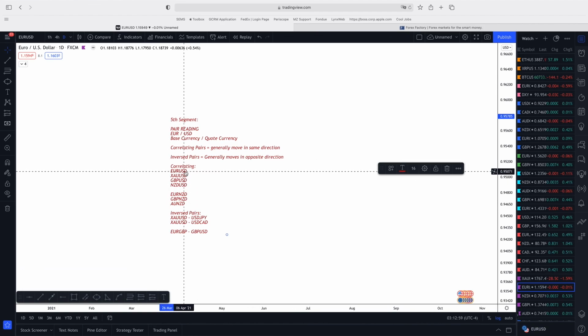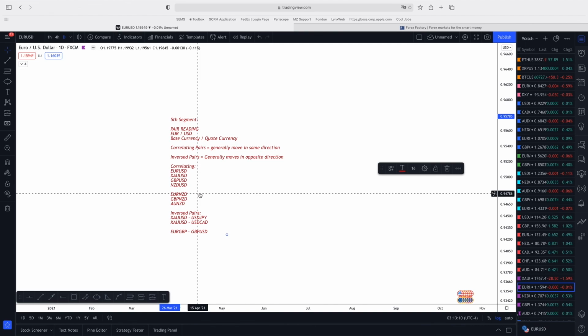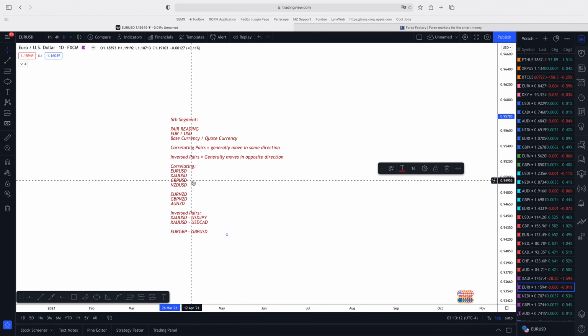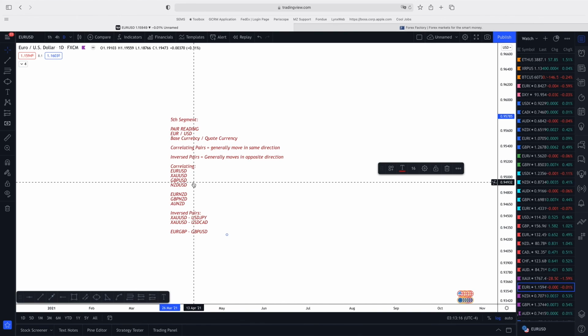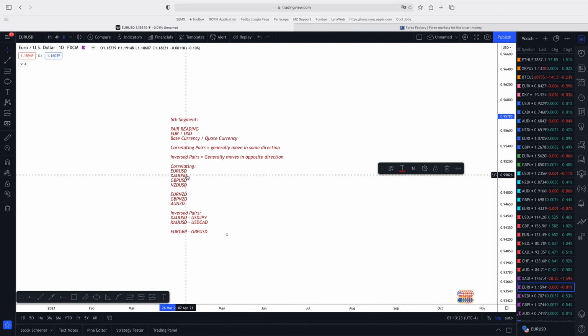If one pair is going up, then generally they should all be going up. So it's a great way to understand that these pairs are moving as a unit together at different paces, unless there's something causing it not to. But that's what correlating pairs are for.